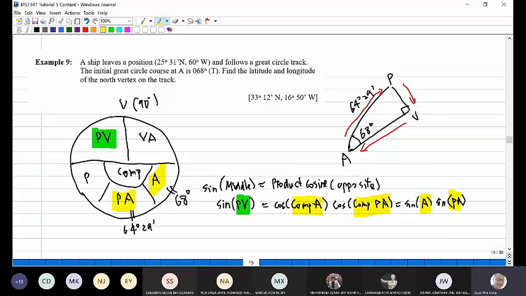So put in the calculation. So sine of PV is equal to sine of 68 now and the sine of 64 degrees 29 minutes.